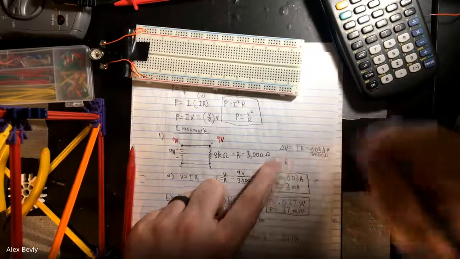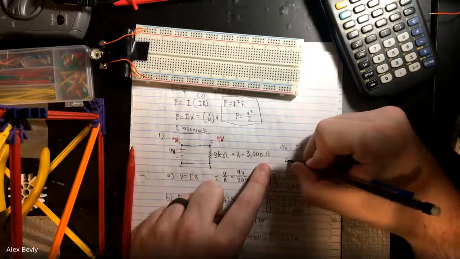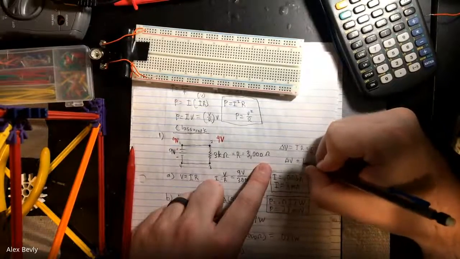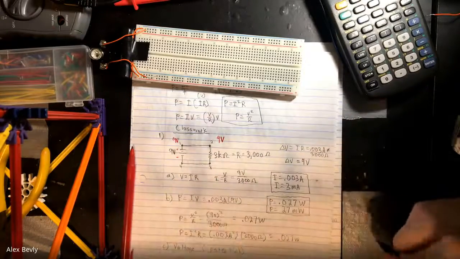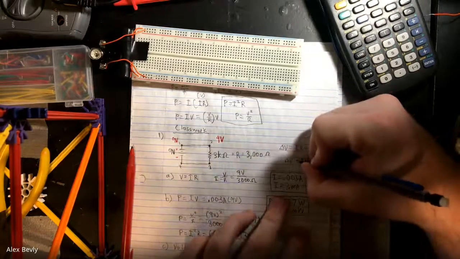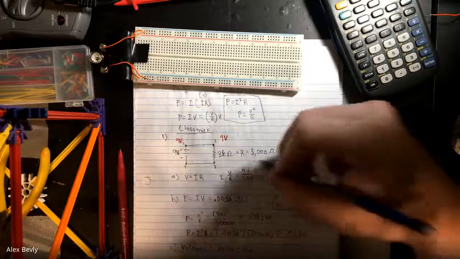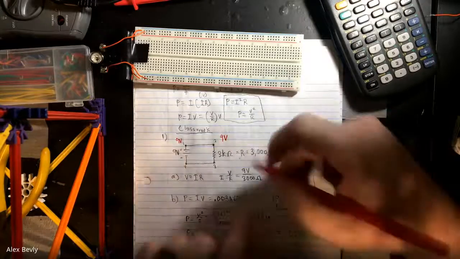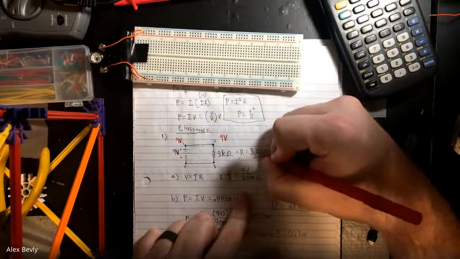So my voltage drop here, my change in voltage, is going to be 9 volts. And particularly, we're using up this voltage, so minus 9 volts. So we lose 9 volts across here.